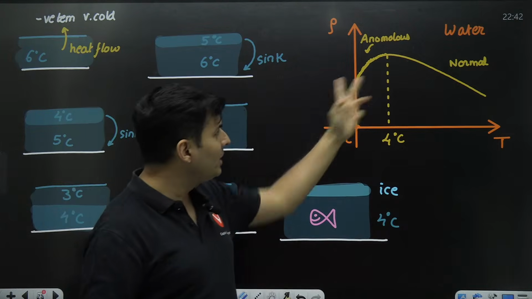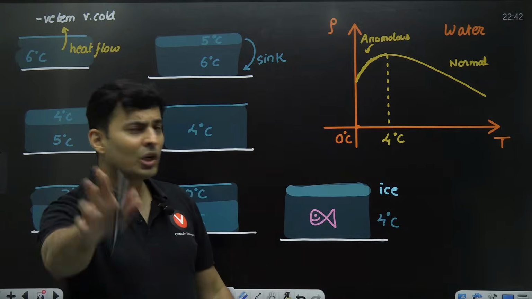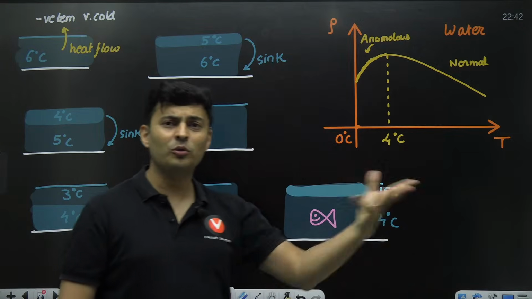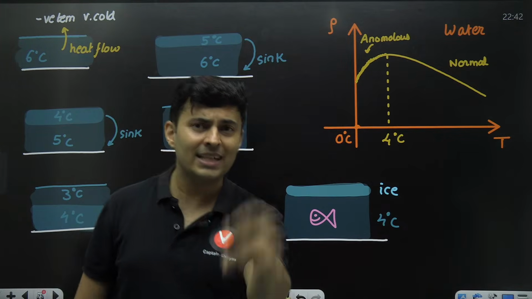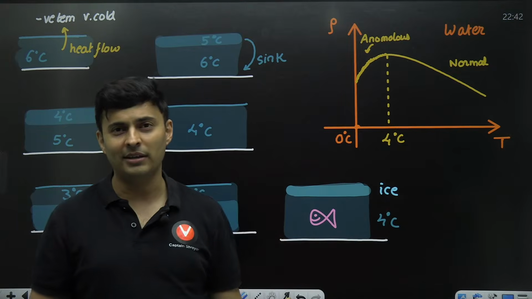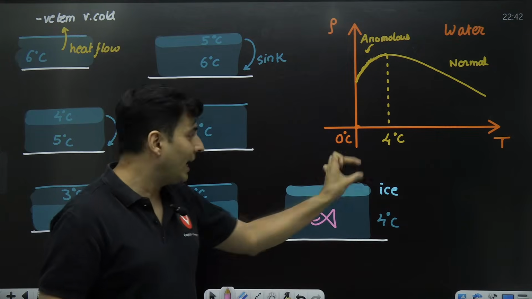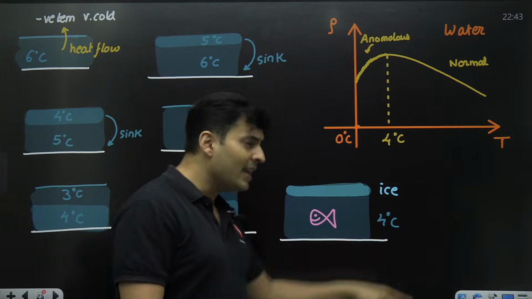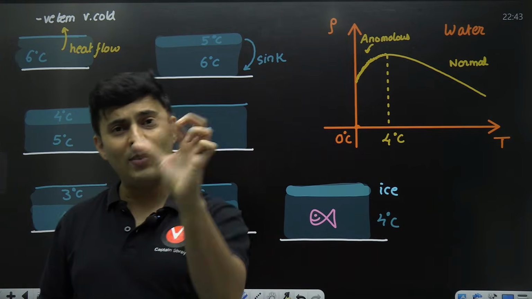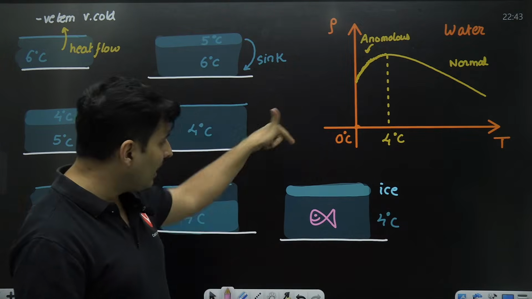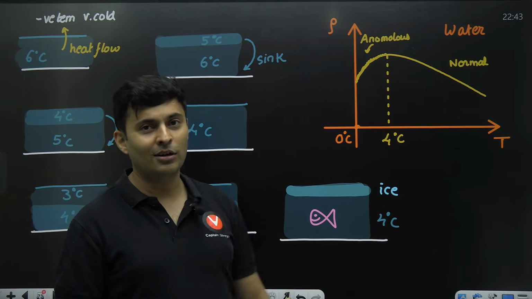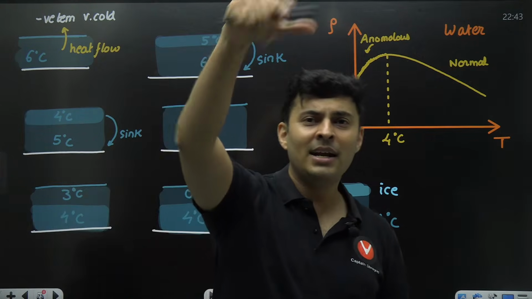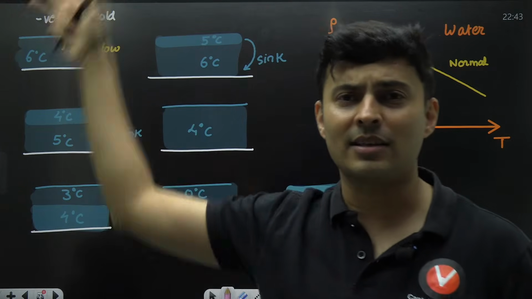And that too, it shows that anomalous behavior not at 20 to 25 degrees Celsius, but exactly near the freezing point, so that this blanket of ice can be formed. And nature decided that ice is the one which will be a bad conductor and will not allow the cold to enter inside that warm water, so that my dear fish and whales and sharks can survive.